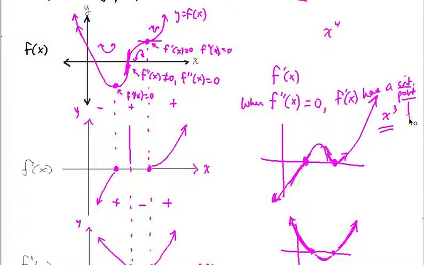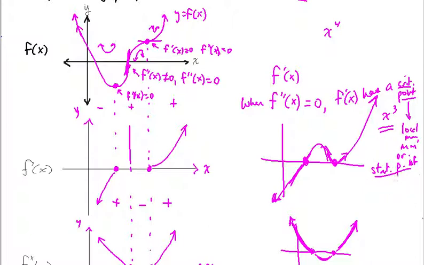Okay, which means it could be a local max, min, or stationary point of inflection. Now I'm referring to f prime of x, not f of x.